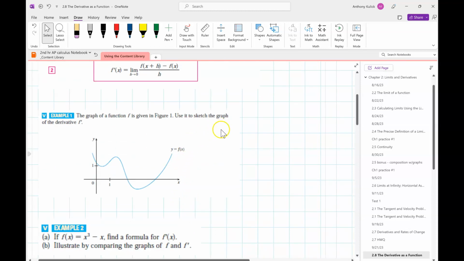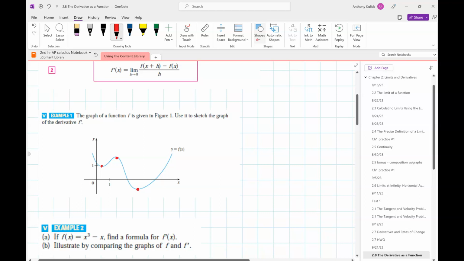Okay, so here's an example. It says the graph of the function f is given in the figure below. Use it to sketch the graph of the derivative. So here's what I'm interested in. I'm interested in the maxes and mins.